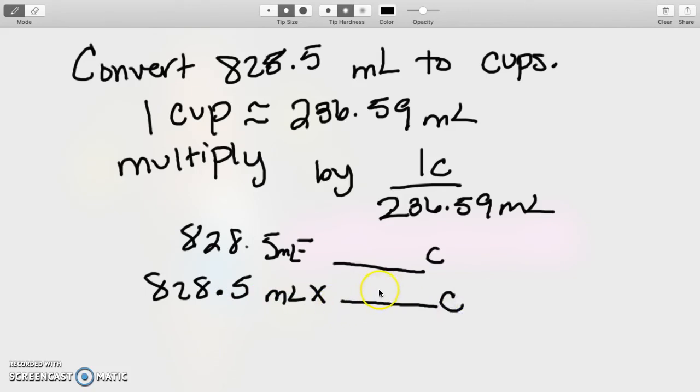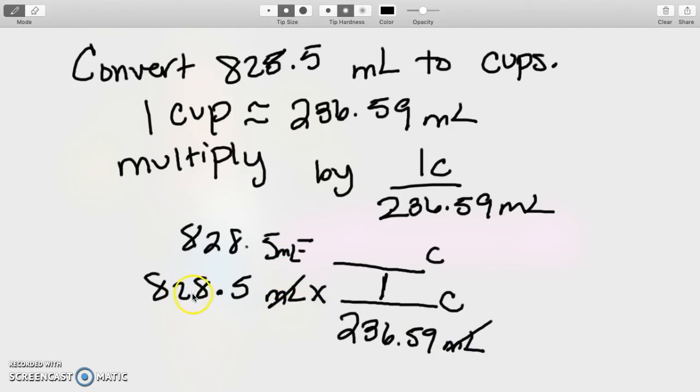Now we're good to go to write our unit rate, or our fraction, that we're going to multiply here, which is given to us right here. Since cup is at the top, we're going to write 1 because that number corresponds with cup. This is the relationship. We're only focused on the relationship so that we can convert. And then at the bottom, we're going to write 236.59 milliliters, which will give us the opportunity to divide out.